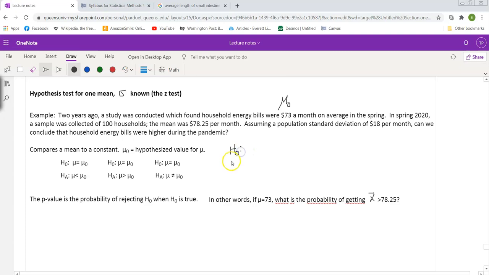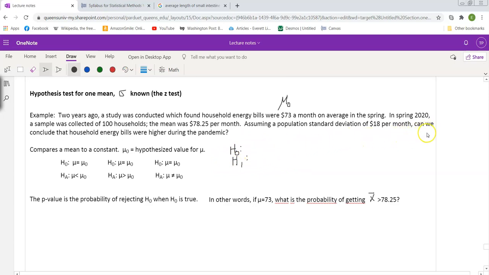So let's set up our hypotheses to start with. I always like to write the alternative hypothesis first. What I mean by that is you always list the null hypothesis first, but I like to, once you set up the alternative, the null follows from it.